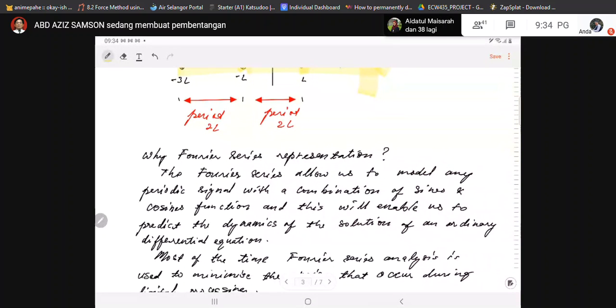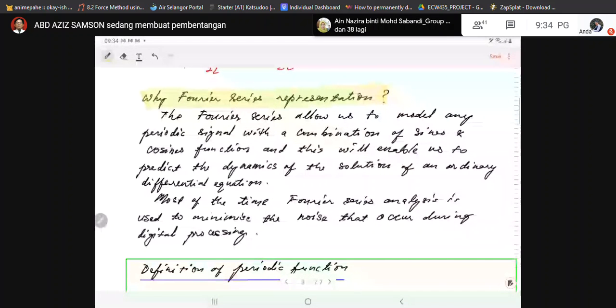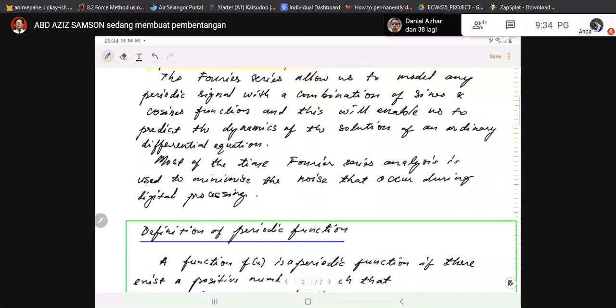Now, this is the reason why we use Fourier series representation, because it allows us to predict the behavior of the solutions for a given differential equation. Because what we want in mathematics is to have predictions. Most of the time it is not accurate, but we have some idea what will happen in the future.